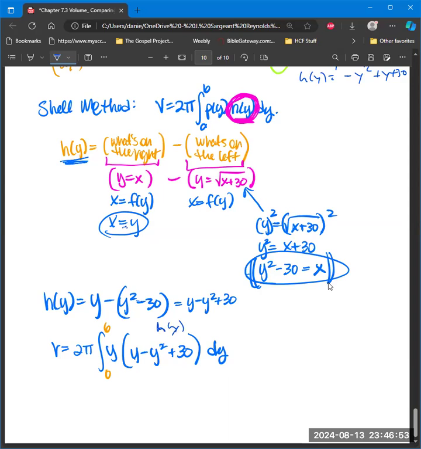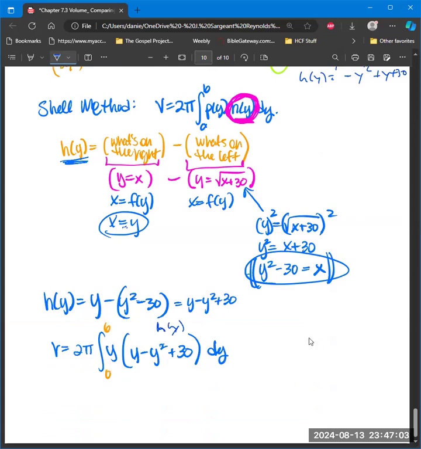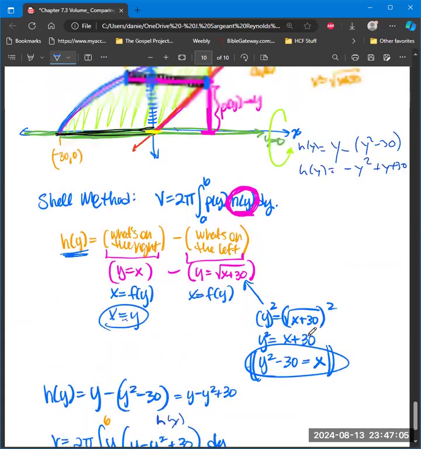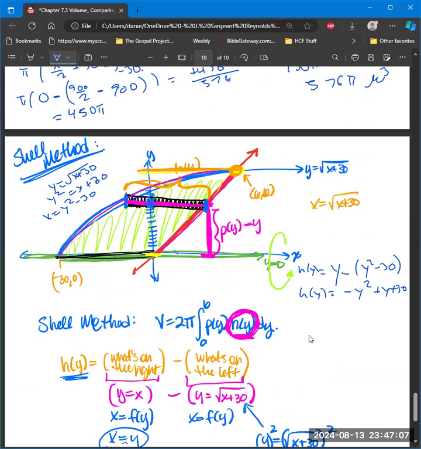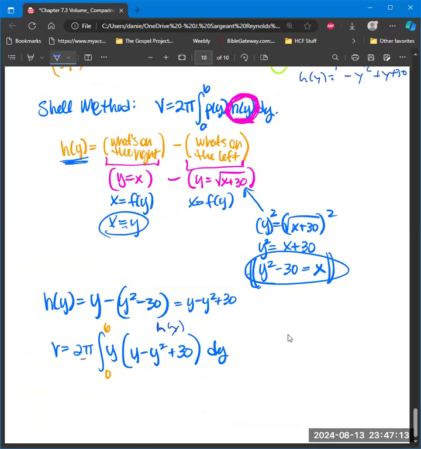And my p is going to be my distance from my axis of revolution here to my rectangle is going to be y. So there that is. And y is going from 0 to 6 here. And 2 pi is my multiplier out front.